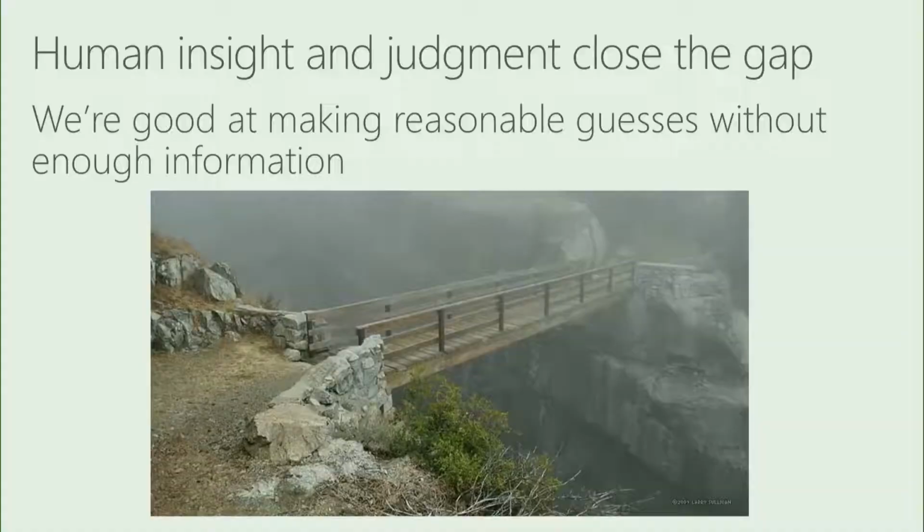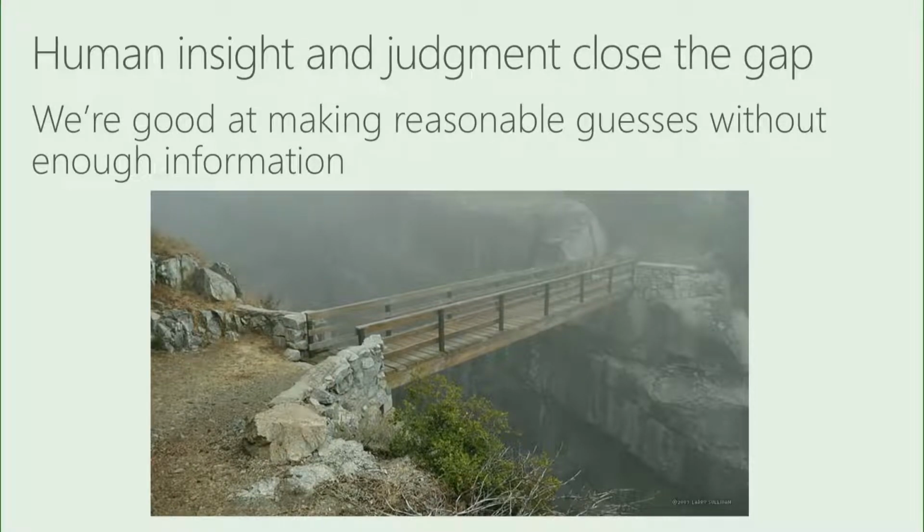Okay, so the three gaps. You have to collect a lot of data. Machine learning assumes the world doesn't change, and it also doesn't tell us anything about causality. These are gaps that keep us from being completely data-driven, from going from what our data tells us to the decisions we need to make. Luckily, to cross that gap, we have our human insight and judgment.